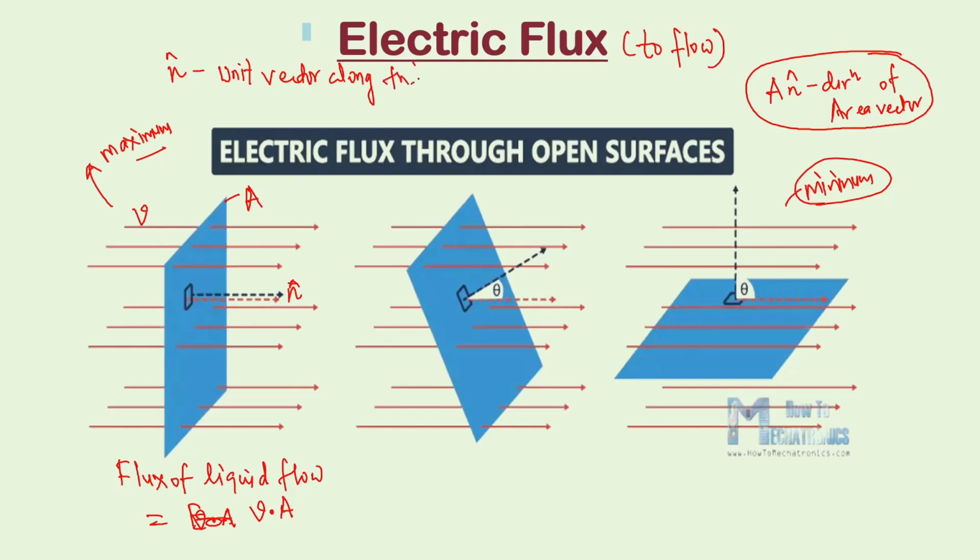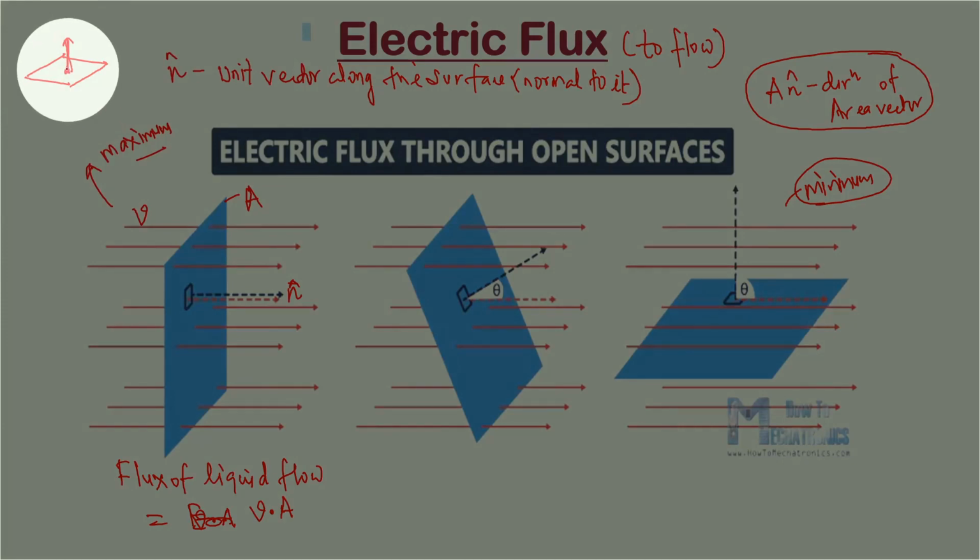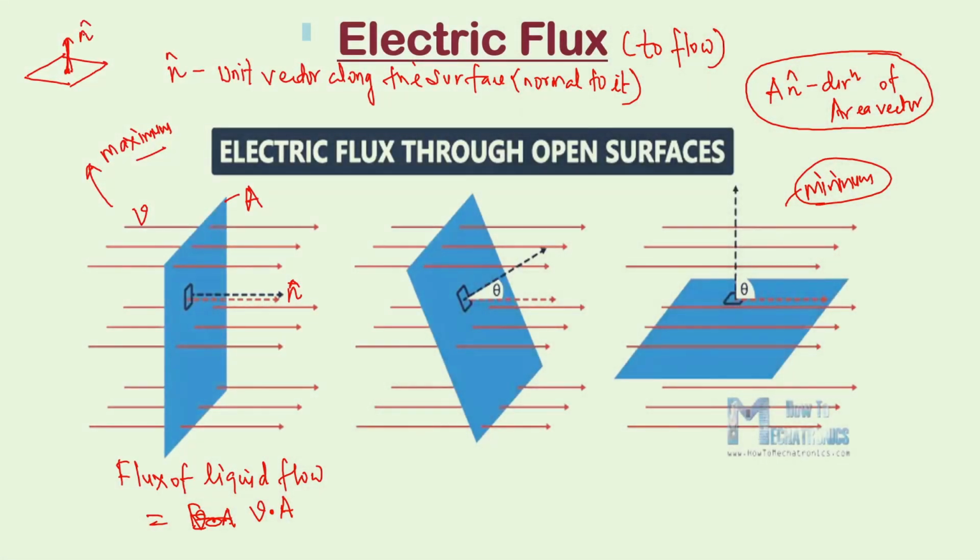So let us suppose the surface is given like this. Its area vector direction is in this direction, which is normal to the surface.